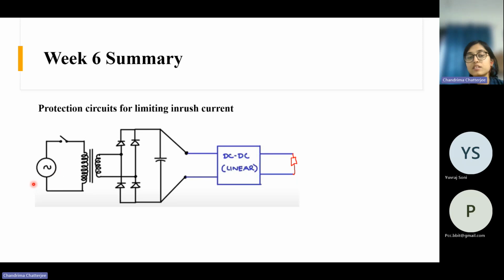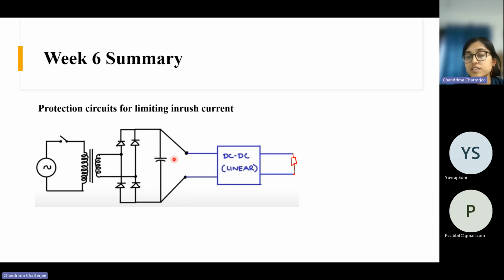When we were solving the numericals, I showed you that the input voltage can vary within some range. It is not always a constant AC voltage; its magnitude and its peak can vary. So if there is a variation in the input side, there will be some variation in the output also.